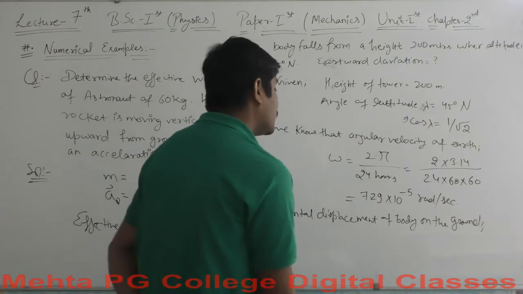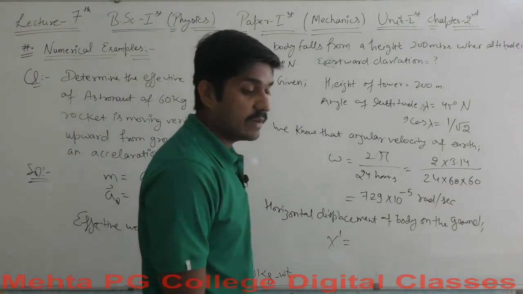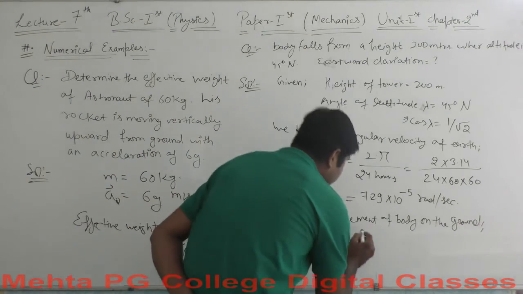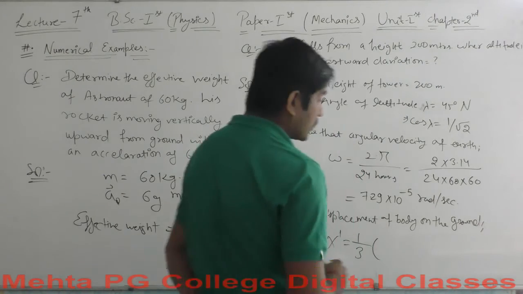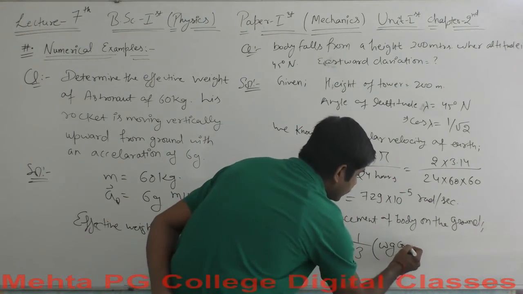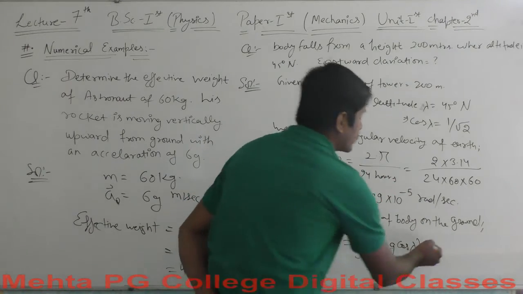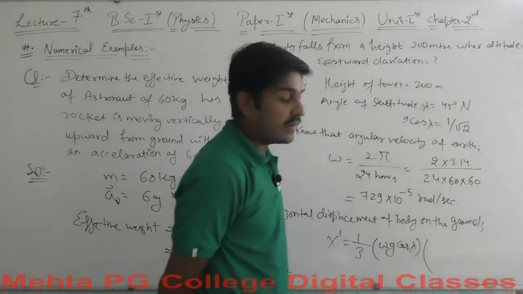What should be the horizontal displacement? Let's say x dash is the new coordinate, and that will be equal to 1 by 3 omega g cos of lambda, into (2h over g) to the power 3 by 2.